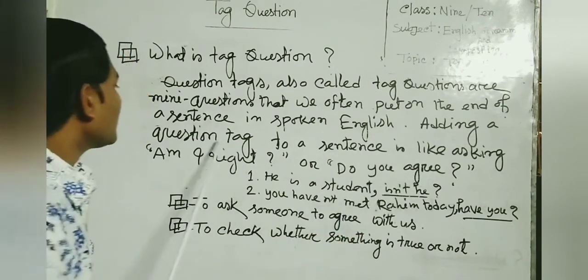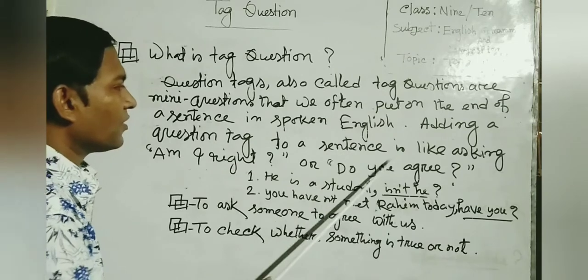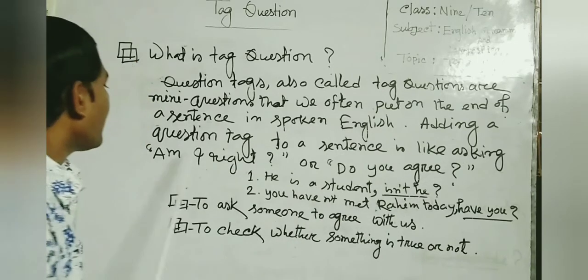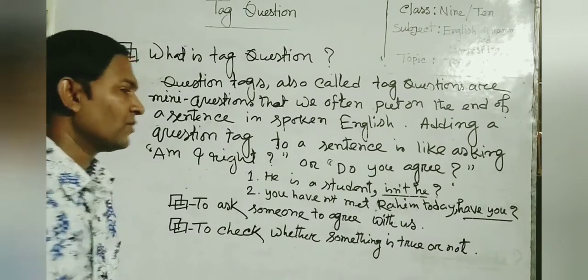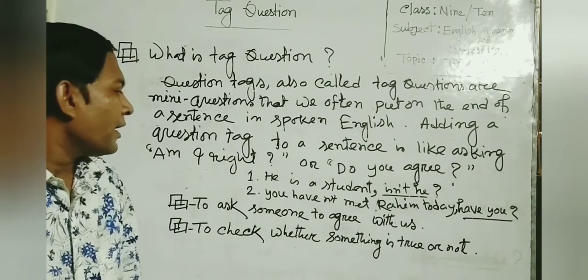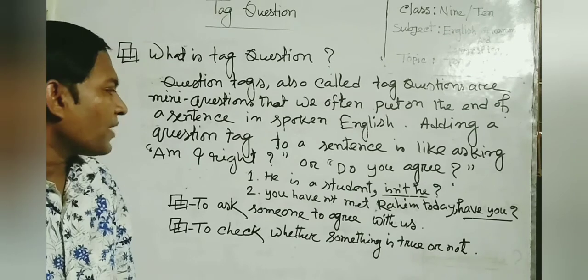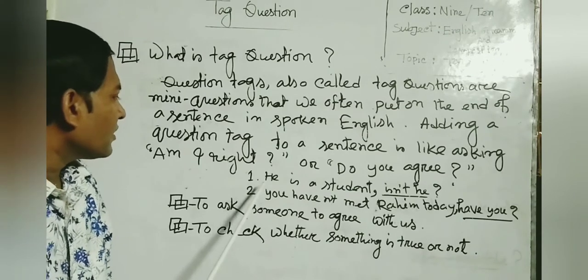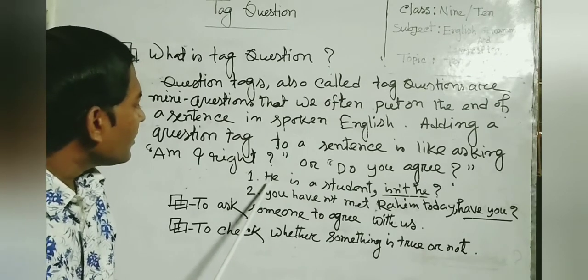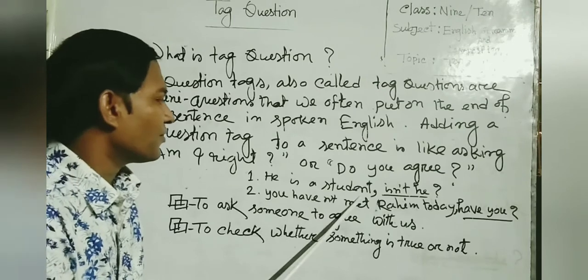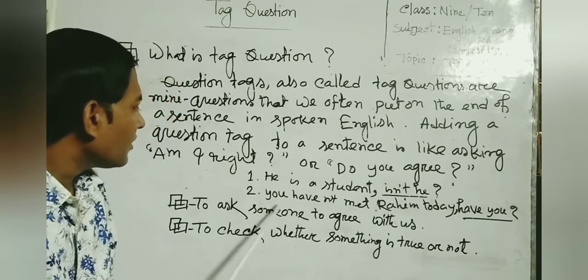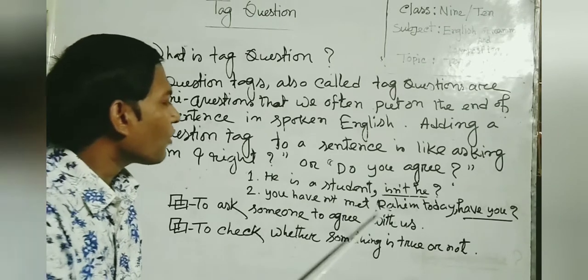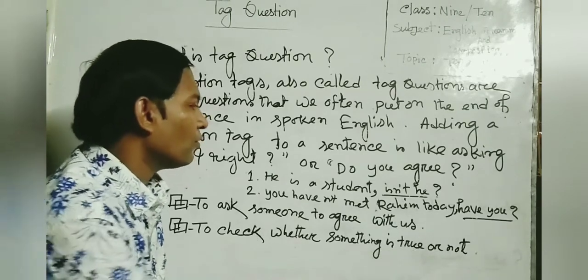Adding a question tag to a sentence is like asking, "Am I right?" or "Do you agree?" Students, here are some examples of tag questions. The first example is, he is a student, isn't he? Second sentence, you haven't met Rohan today, have you?